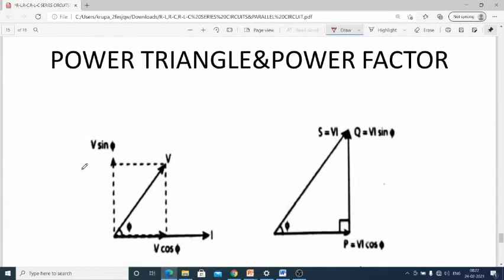Power triangle and power factor in the parallel network. If we consider V as the reference, the quadrature component is I into sin phi and the in-phase component is I into cos phi. The power triangle is represented like this.